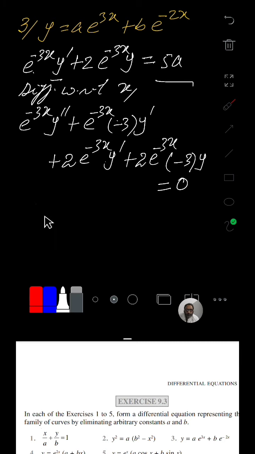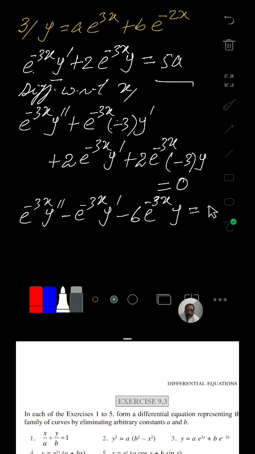Now finally we have to simplify this. e raised to the power minus 3x y double dash, and these two terms are similar, so we have to simplify them. This one is minus 3 e raised to the power minus 3x y dash, and this is positive 2 e raised to the power minus 3x y dash. So negative 3, positive 2, one negative e raised to the power minus 3x y dash is left, and this term is written as it is, that is minus 6 e raised to the power minus 3x y is equal to 0.